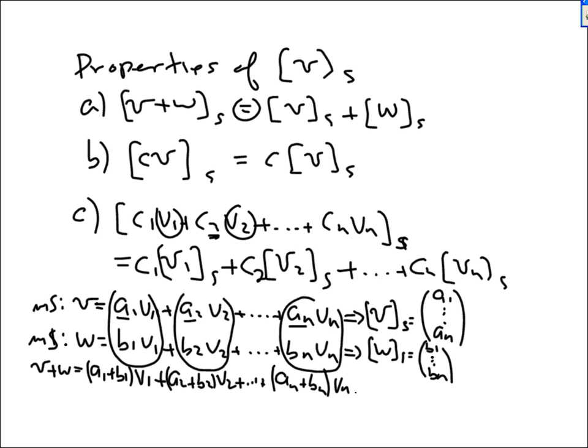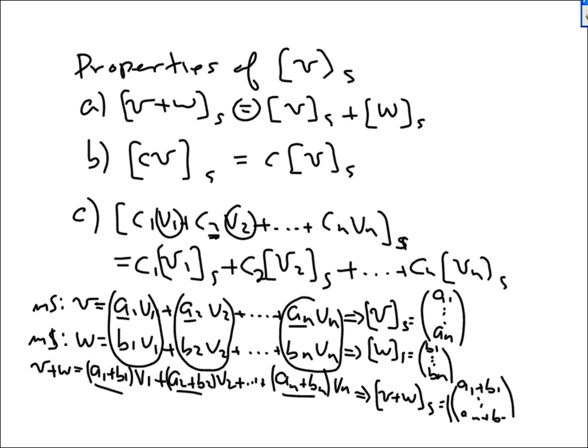Well, this implies that the coordinates for vector v plus w with respect to S is a1 plus b1, a2 plus b2, all the way down to an plus bn.